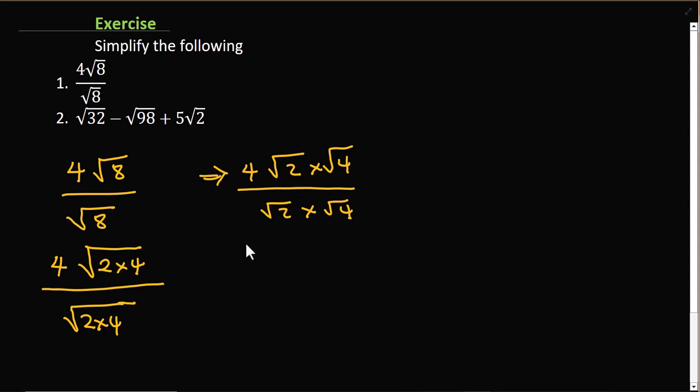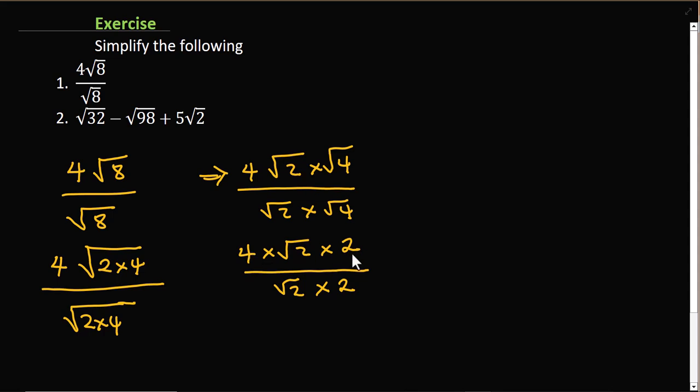So at this point, let me just multiply everything through. 4 multiplied by surd 2 multiplied by the square root of 4, which is 2, and then all over surd 2 multiplied by the square root of 4, which is also 2. So let's multiply 4 times surd 2, that is 4 surd 2, and then multiply by 2.